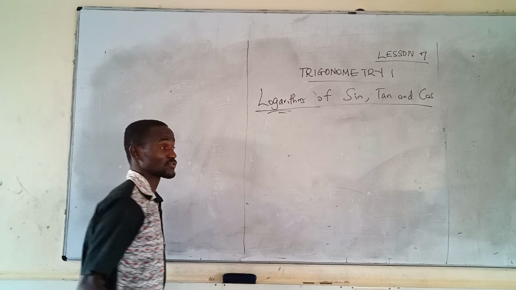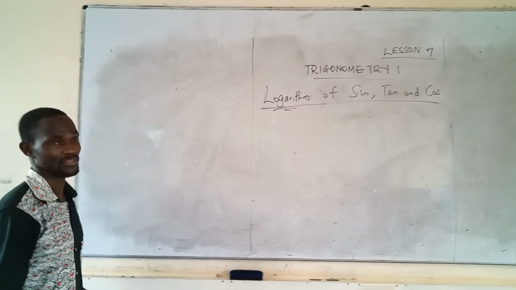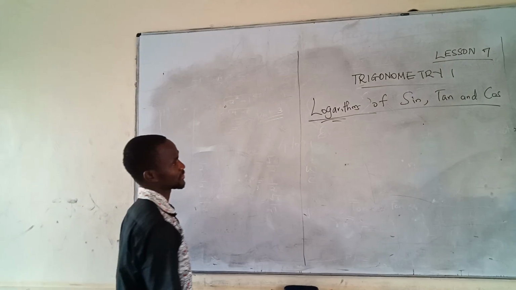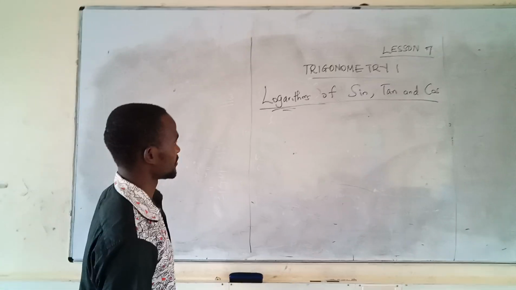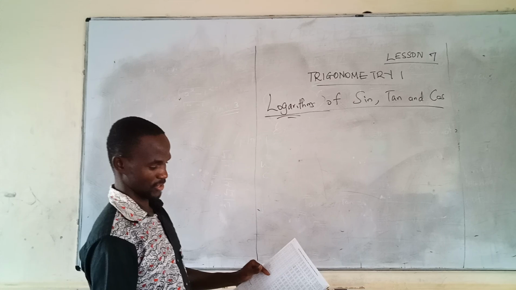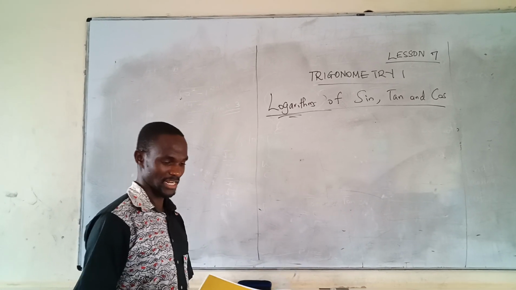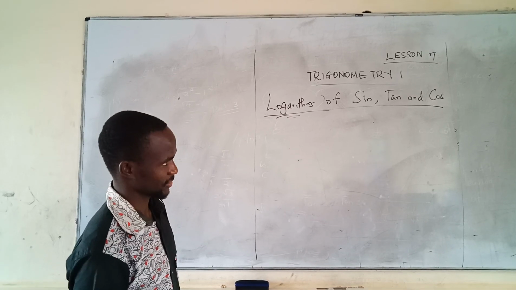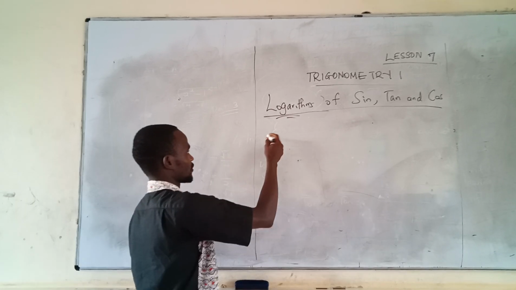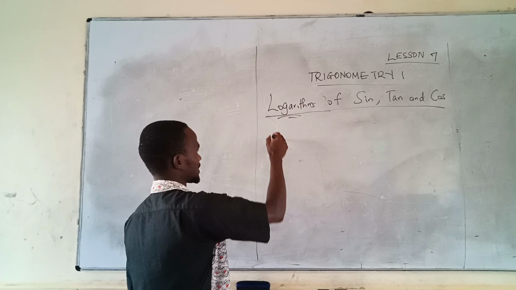Now, these logarithms, we dealt with it in the logs of natural numbers, so it's not something that is new. Basically, in your mathematical table, if you turn, you can clearly see logarithms of sine, tangent, and cosine. So I can even just go straight to an example.